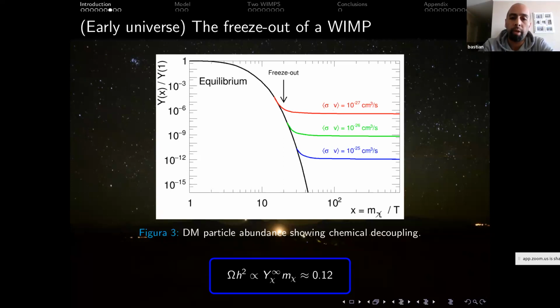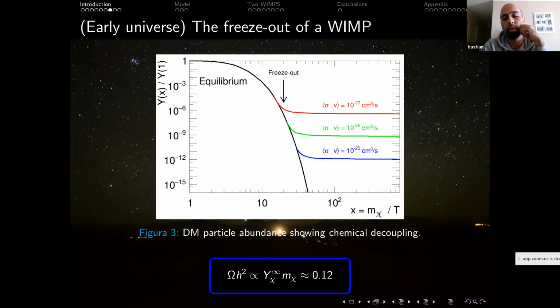And from here, you can see the parameter density that is used by cosmologists, which is 0.12. This is the number that you can find from cosmology. In order to get this number, you need to input two quantities.